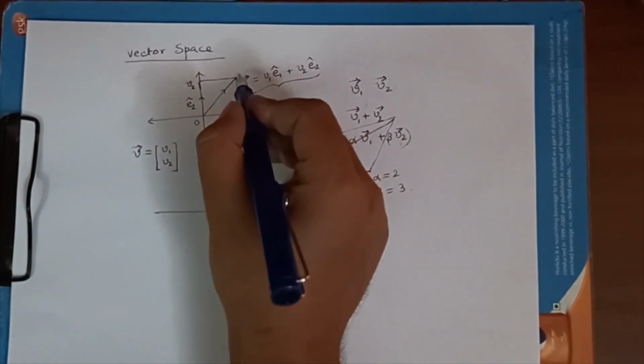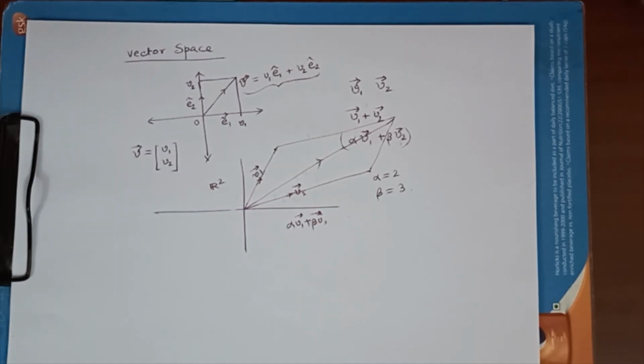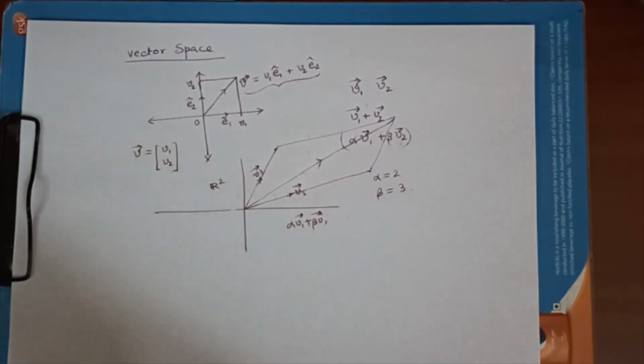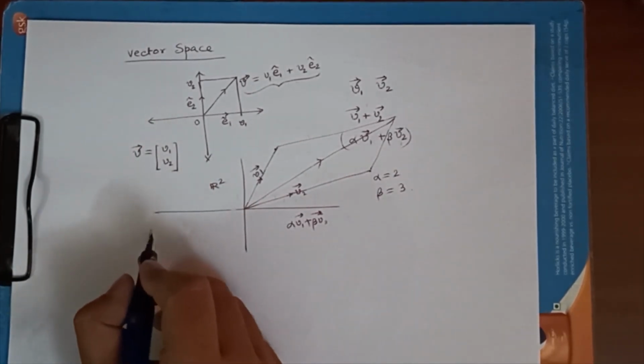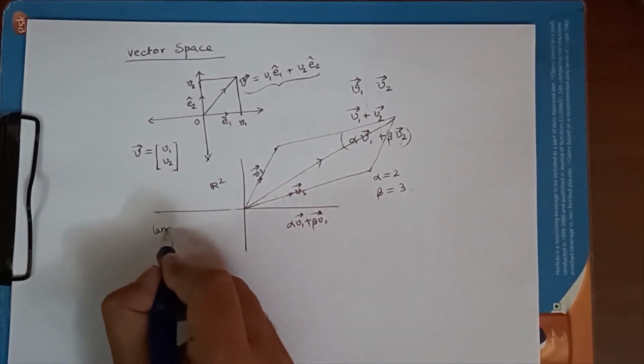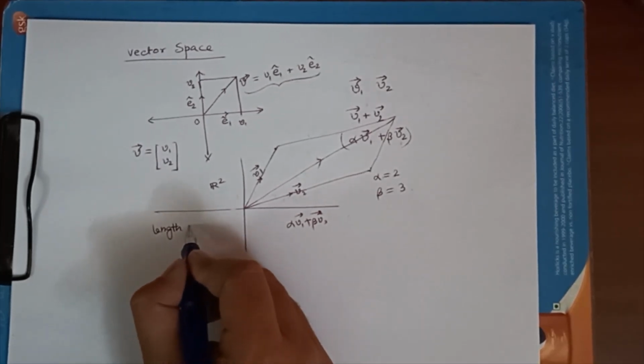Now what about this projection? This projection can be defined only if you have the adequate geometry, which is implicit in this two-dimensional Euclidean space, R2 space. So what is that geometry? That geometry means you have to define the length of a vector. That has to be defined properly.